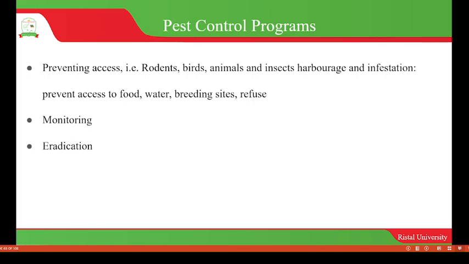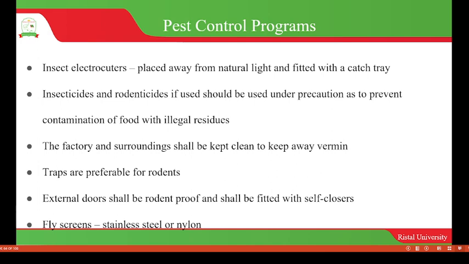So pest control programs are basically three: we can prevent the access of the pests to our food, or we can monitor the pests, or we can eradicate or eliminate the pests so that they don't exist in the food manufacturing area.